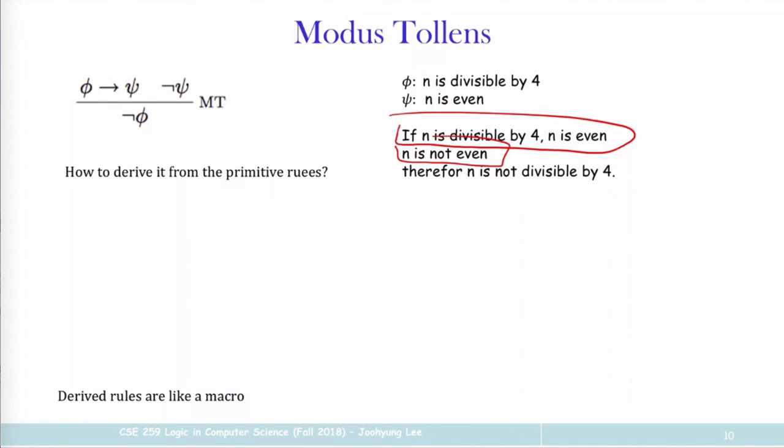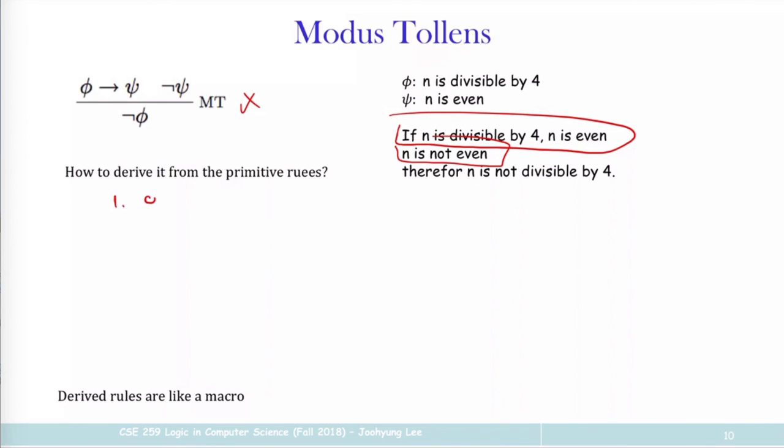This rule is very useful, but it can actually be derived from the rules that you already know. You already know the whole set of rules that you can use for the homework, but some rules like this will help you to write the proof shorter. So let's see what that means. Suppose I don't have this rule, but I can use the other rules that you've learned so far to derive the same conclusion.